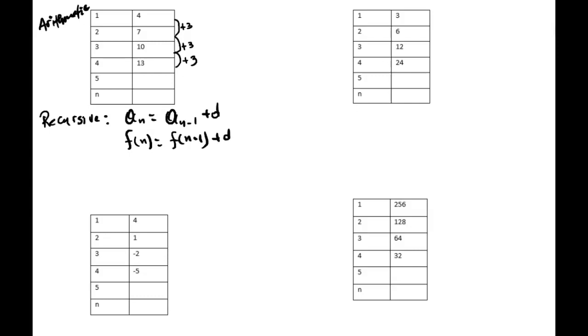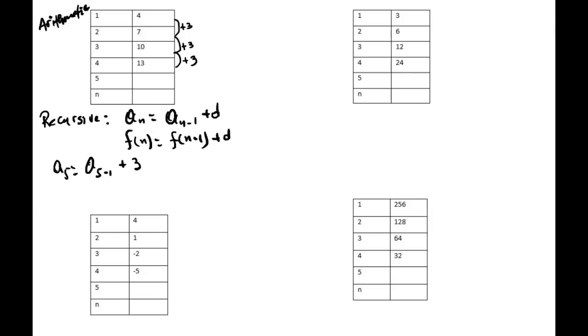Therefore, for this table, I can say f of 5 or a sub 5 equals a sub 5 minus 1 plus the common difference, which here is plus 3. So 5 minus 1 is 4.